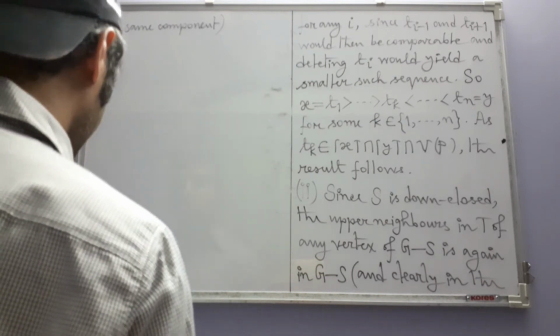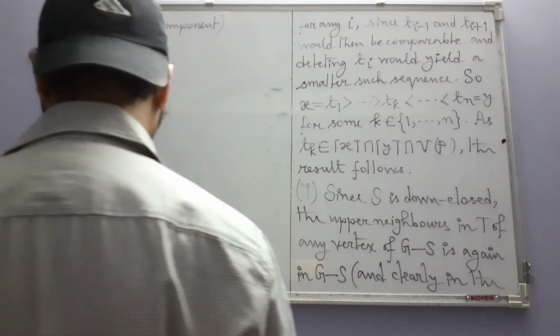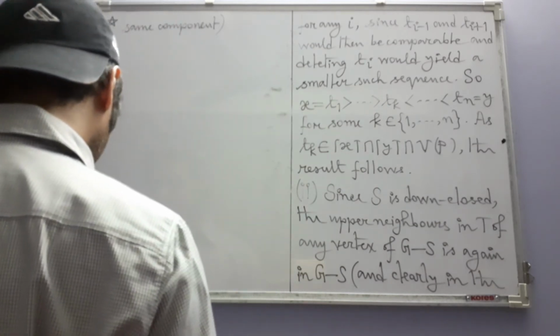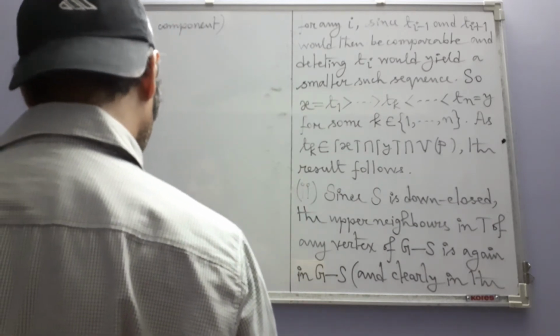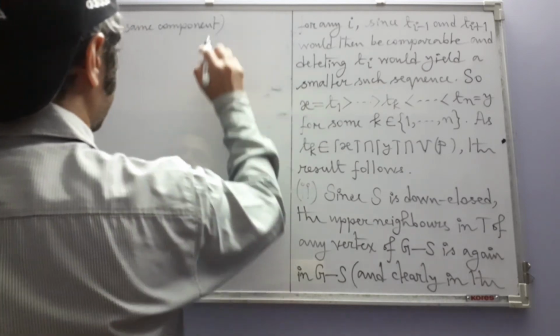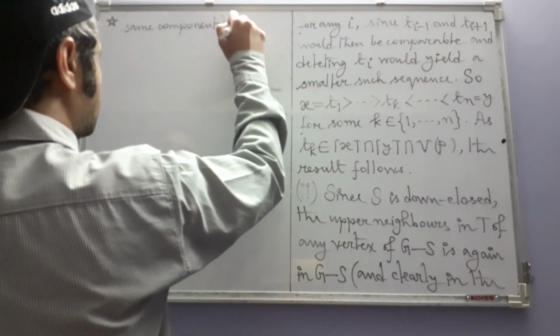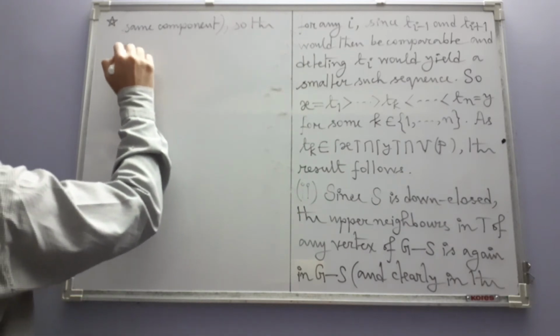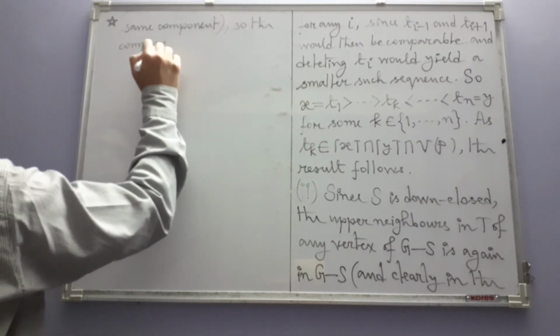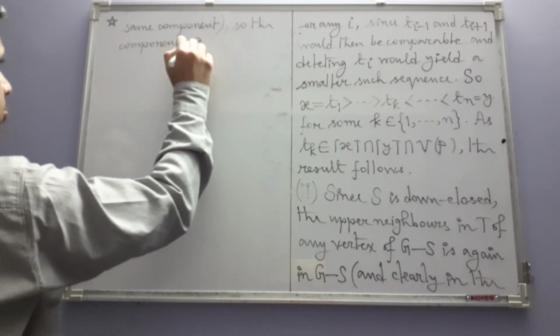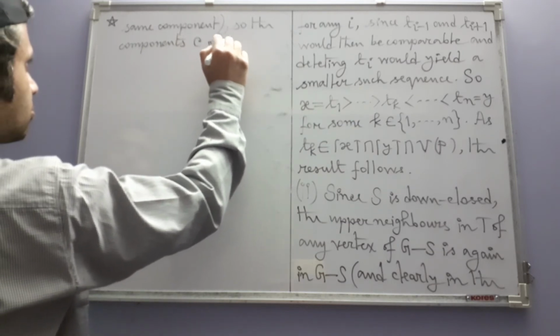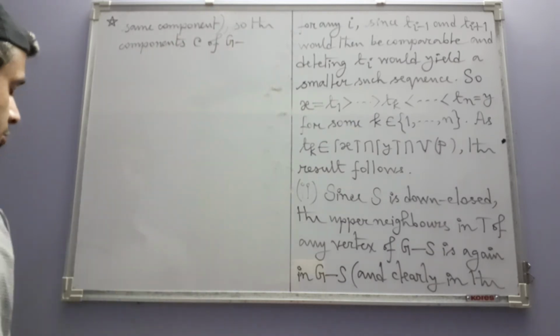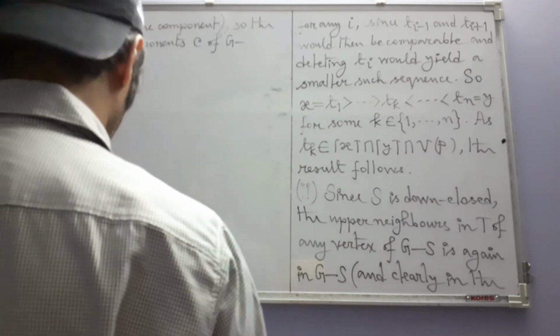So the component, okay, let us just first copy what the author is saying and then we will try to understand. So the components C of G minus S are up closed.